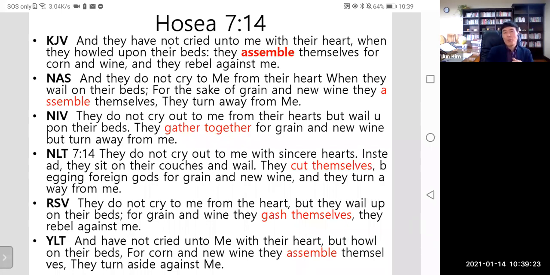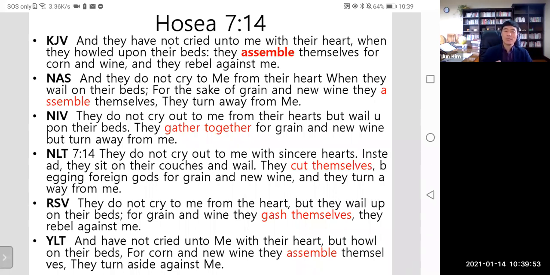So now, what is the theological significance of each translation? When you say they assemble themselves for corn and wine, what is the idea? And what is the different theological connotation when you say they cut themselves, begging foreign gods for grain and new wine? Actually, NLT has the choice of cut themselves, begging foreign gods for grain.